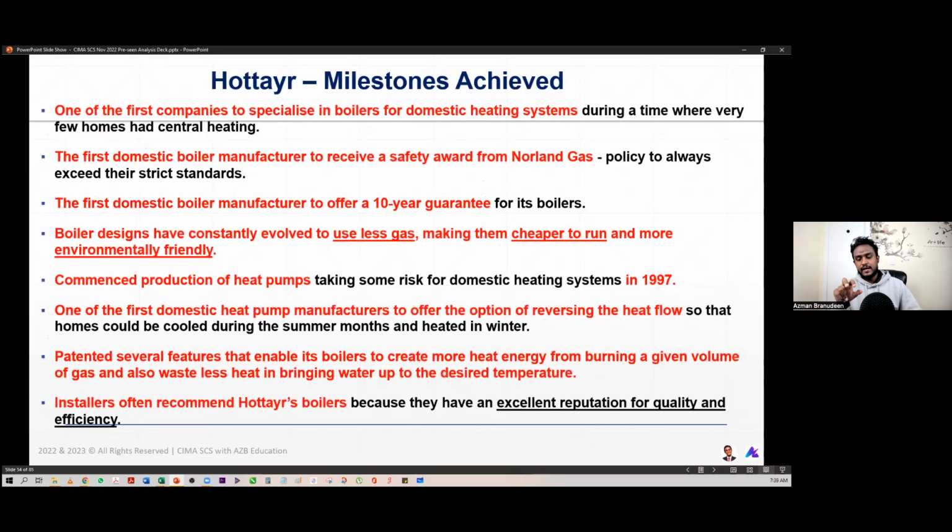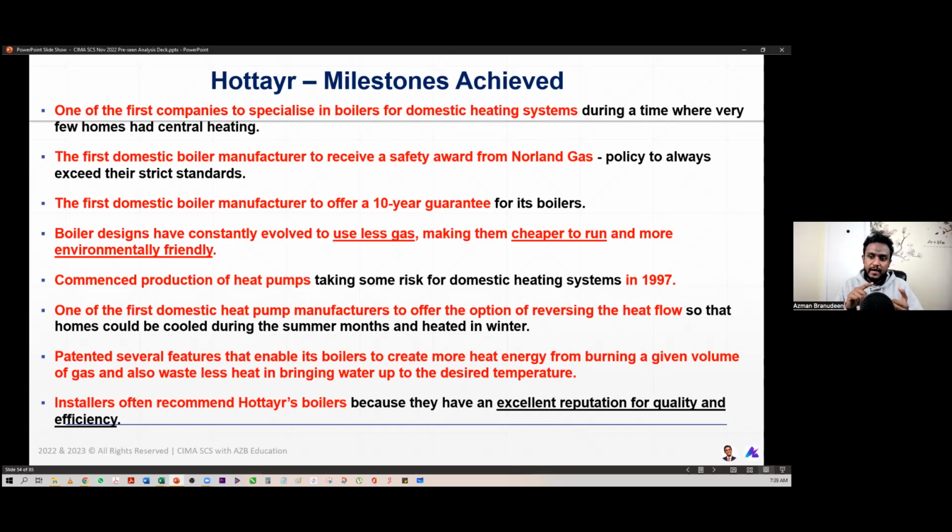Okay, the second aspect is really the set of milestones. In response to these demand trends, the set of milestones we are looking at, right? It builds a very strong picture about Hottayr. That I must say. We are one of the first companies to specialize in boilers for domestic heating systems.